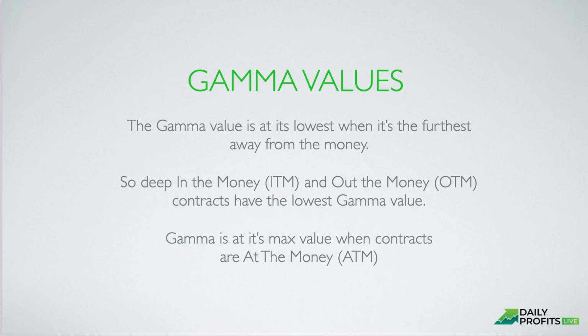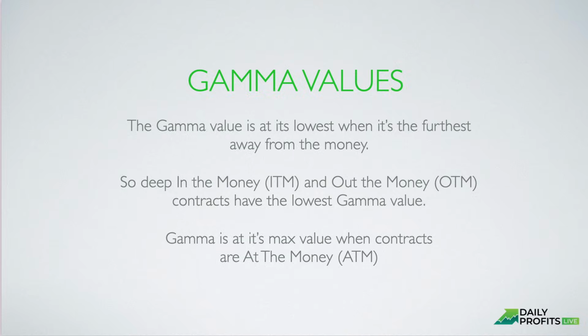So the gamma value is at its lowest when it's furthest away from the money, right? Whether it's deep in the money or deep out of the money, the contracts have the lowest gamma value, and it's at its max value when contracts are at the money.